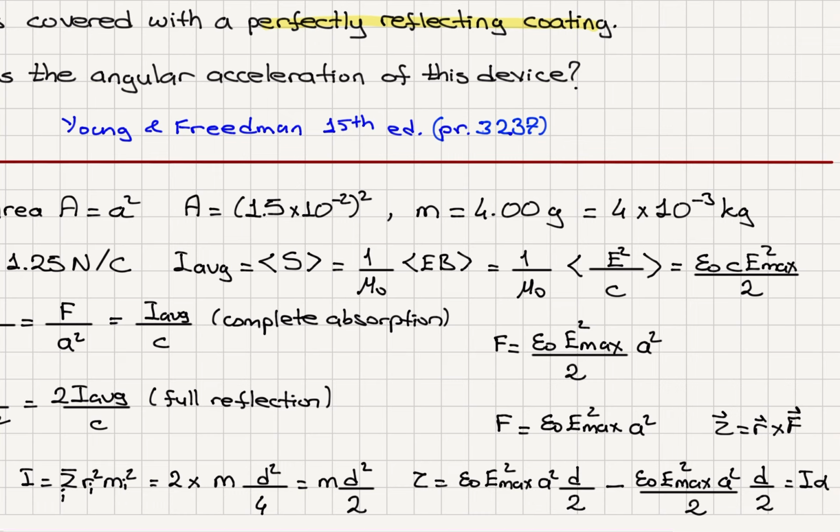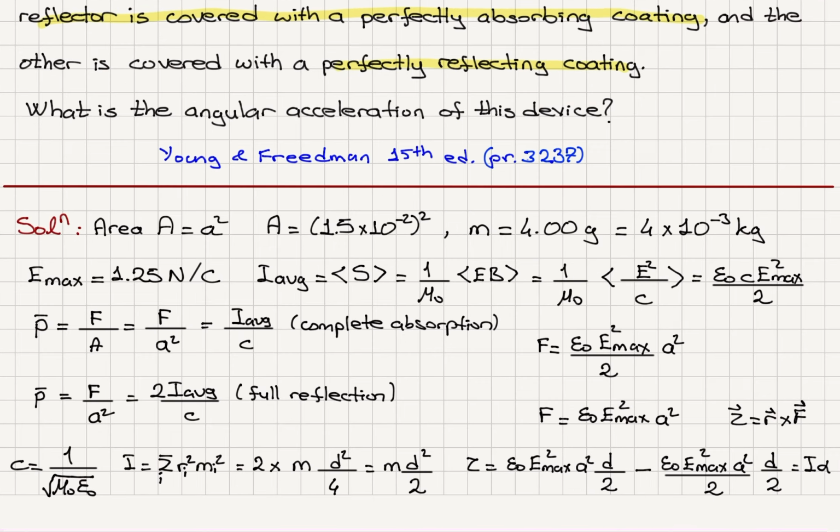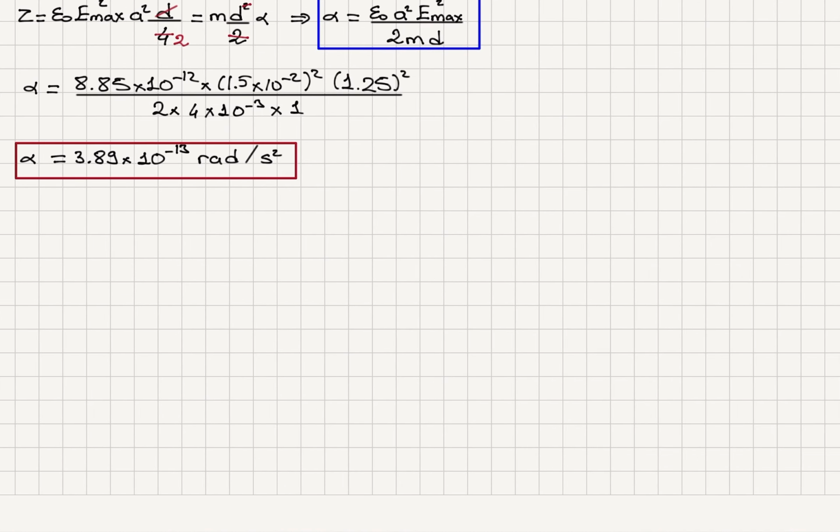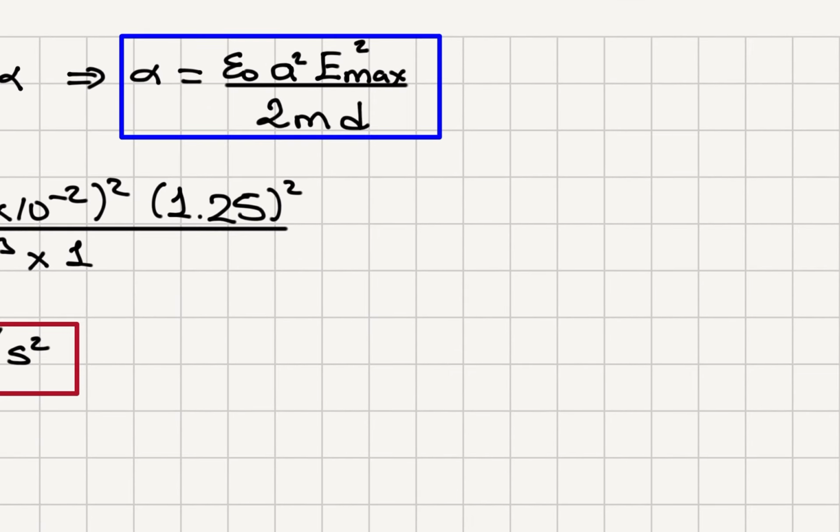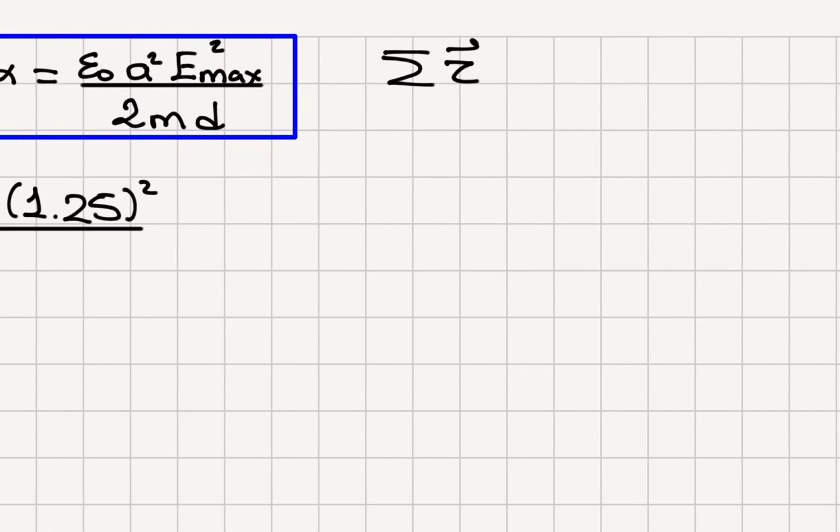The net torque is equal to I alpha, that is Newton's second law rotational form, right? So we are writing sum of all the torques in the system is equal to moment of inertia times alpha.